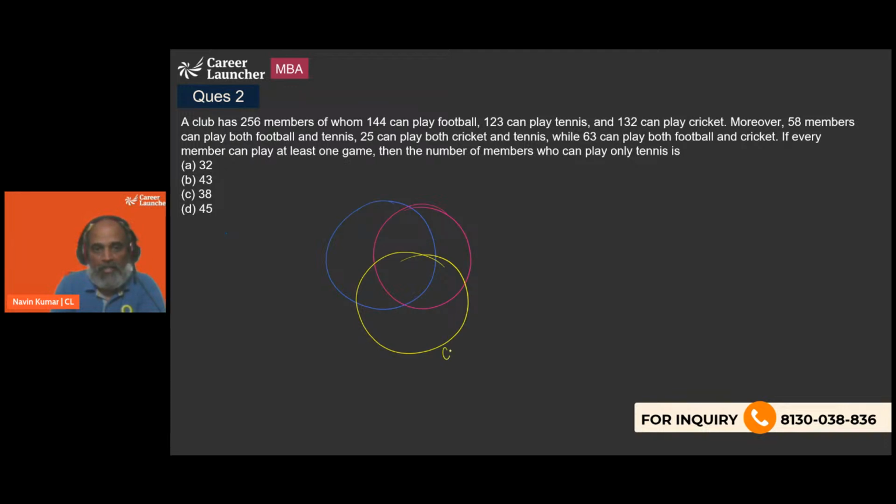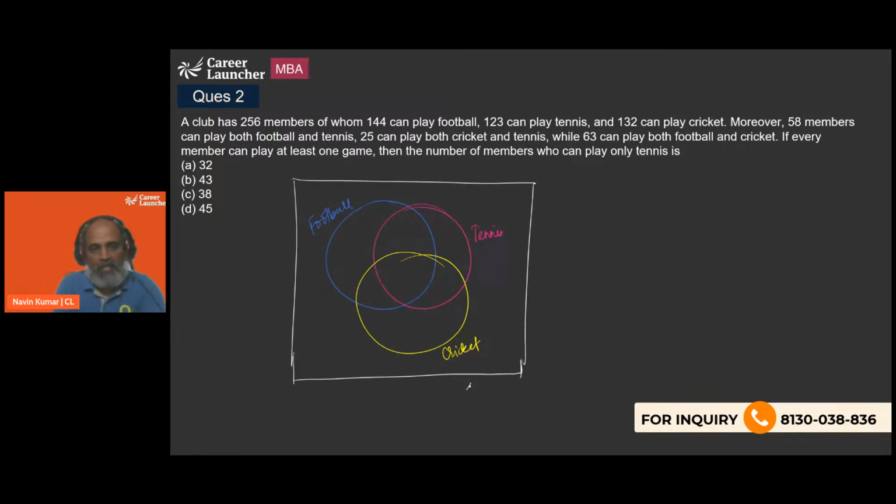So we have yellow for cricket, pink for tennis, and blue for football, and these are all encased within a universal set. The universal set is 256 members, out of which 144 can play football, 123 can play tennis, and 132 can play cricket.